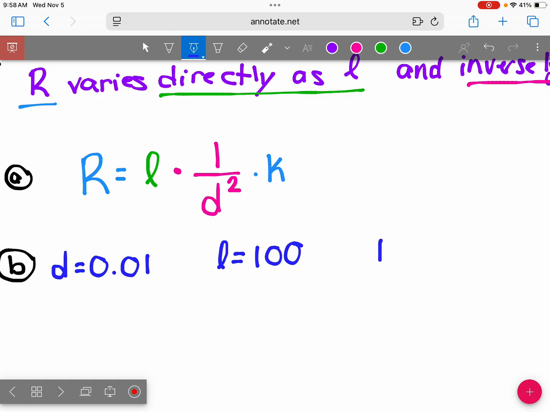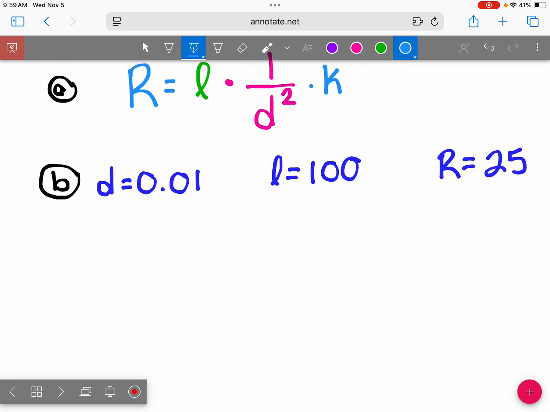And they got the result, their resistance, R, of 25. So they're straight up telling us that in the problem. So we're going to use that to help us figure out what our K is going to be.